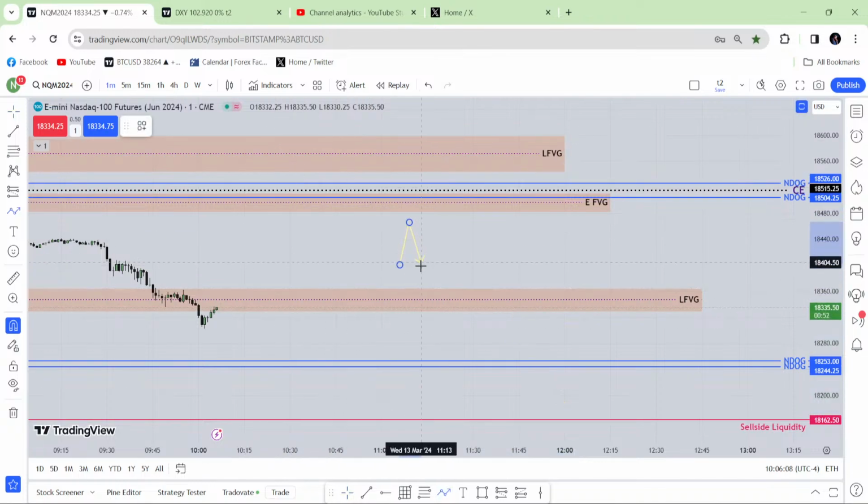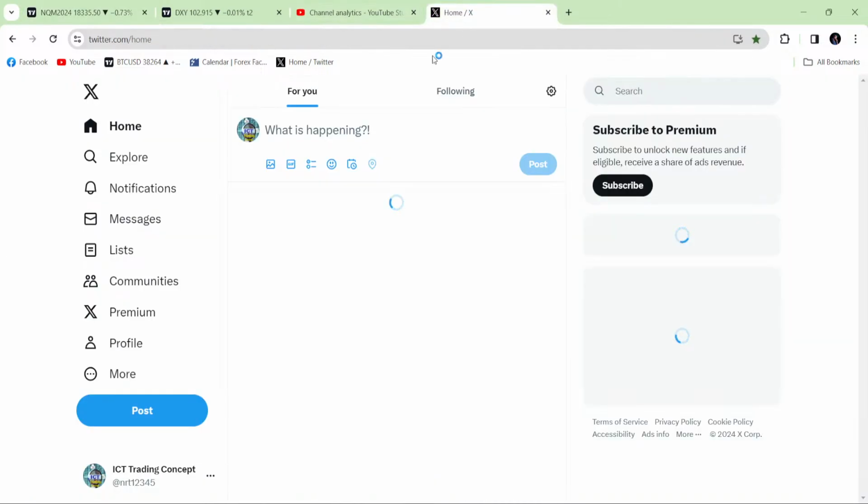It went higher, it went lower, it made a swing high, then it went lower, and again it went higher. This is the market structure shift. Very nice fair value gap. What are you going to do? Take a buy? Never, brother. It went higher to take that liquidity. It will keep falling. This is the way Wednesday and Thursday work. I explained this in my narrative video.